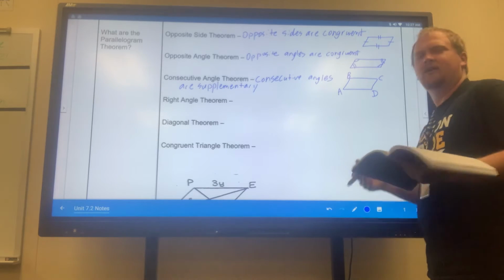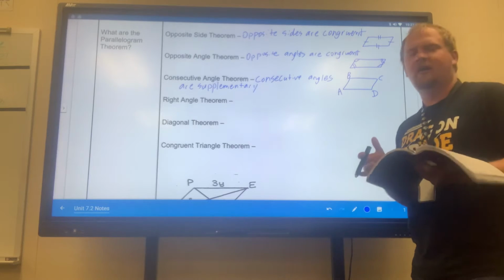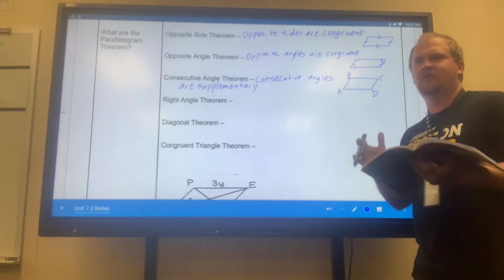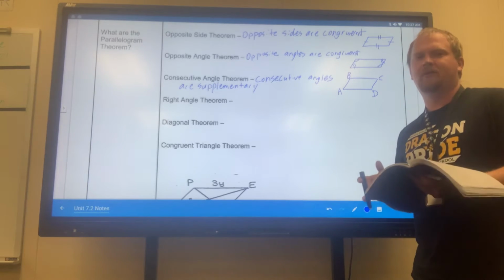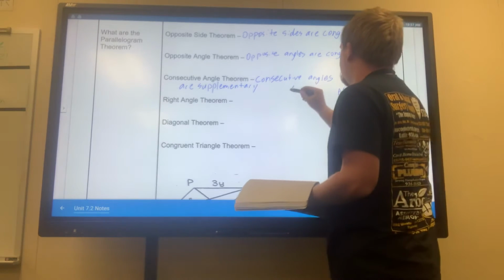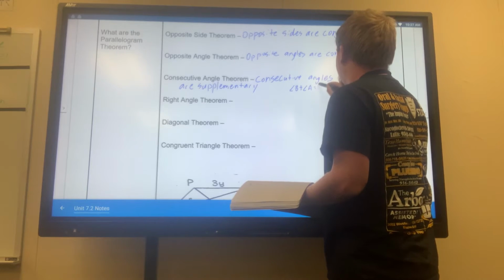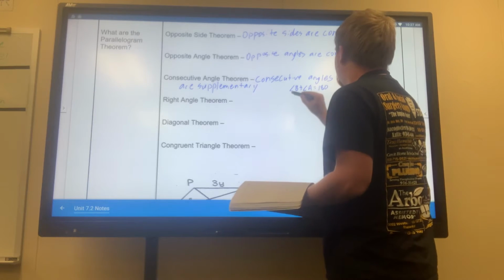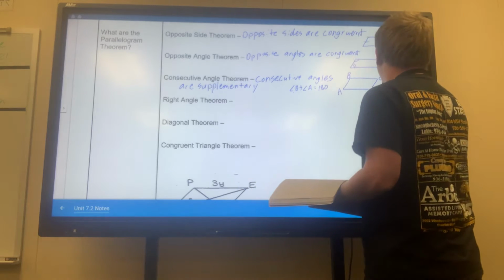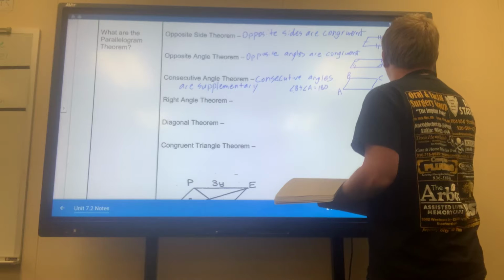Okay? So really and truly, if you think about it, if the angles of a parallelogram are not congruent, they're supplementary. Okay? So for example, angle A and angle B add up to 180, as well as angle A and angle D are supplementary.